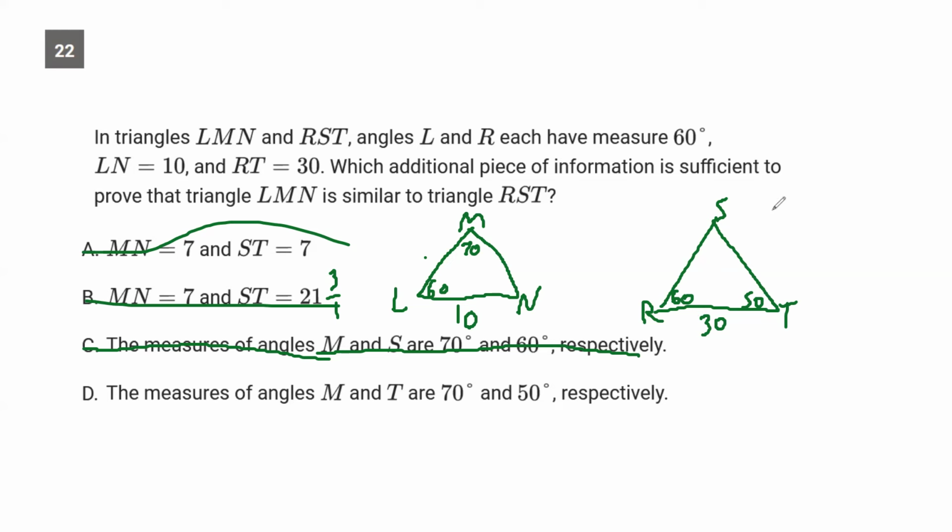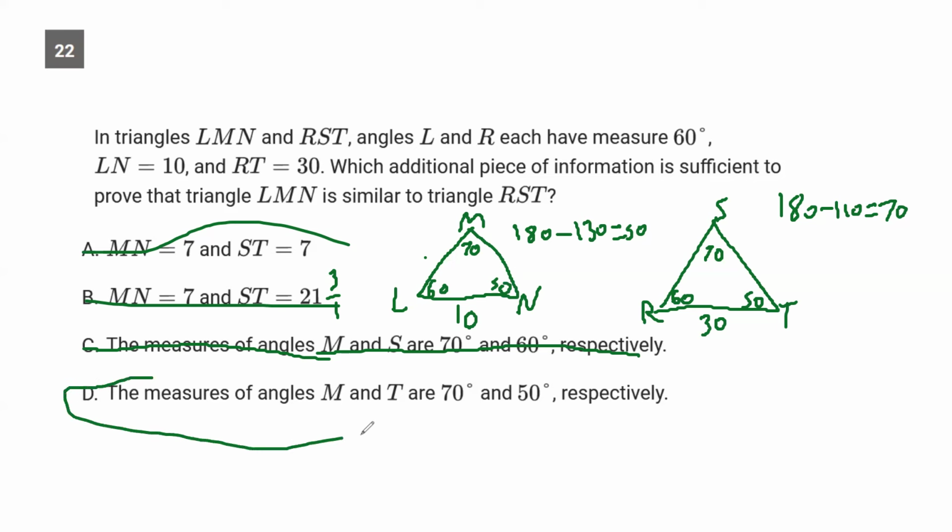That's 110. 180 minus 110. That's a 70. Okay, I'm liking that. It's looking like it's the same triangle. And then here, right, if we did that, we would do 180 minus 130, because 70 plus 60 is 130. And look at that, 50. And that makes N 50. So now we have all the angles be the same in both triangles, which means the two triangles are, that's right, similar.